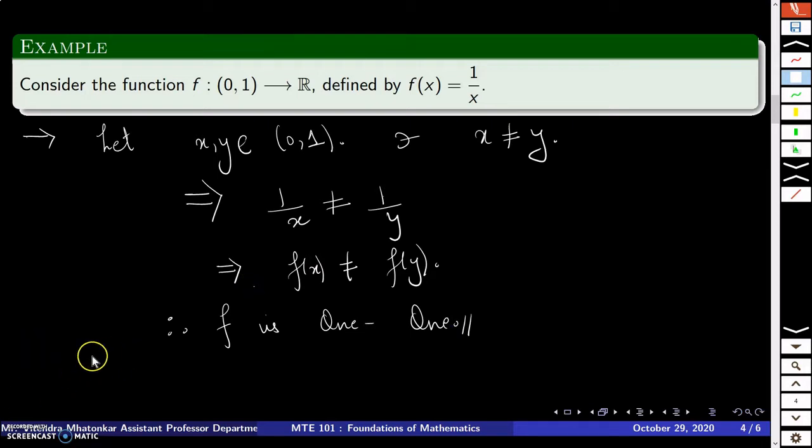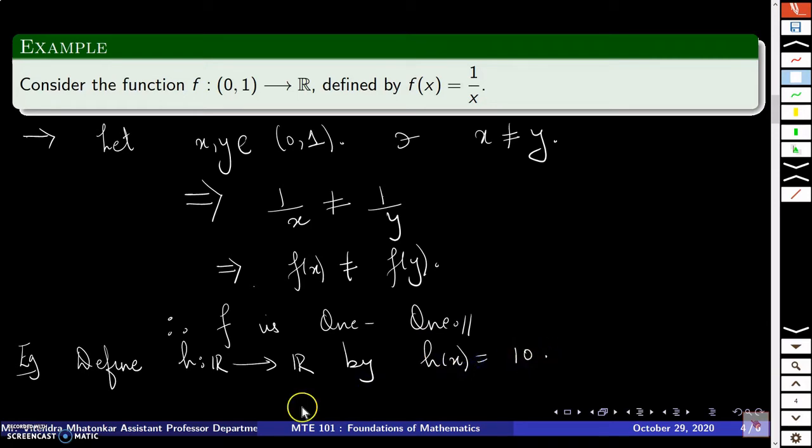What can you say about the constant function? If I give you a function, say define h from R to R by h of x is equal to, let's say, 10, then every point is mapped to 10 here, no matter which real number you take. This works for all R, right?